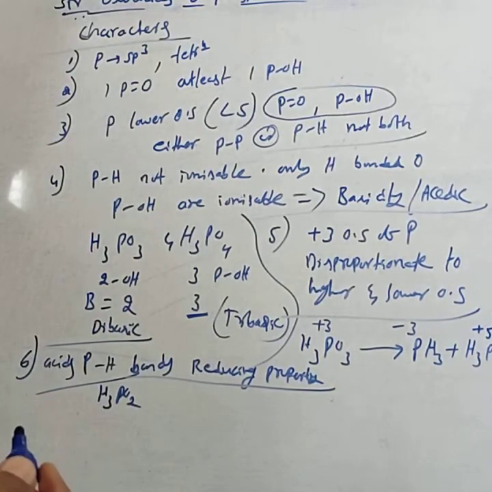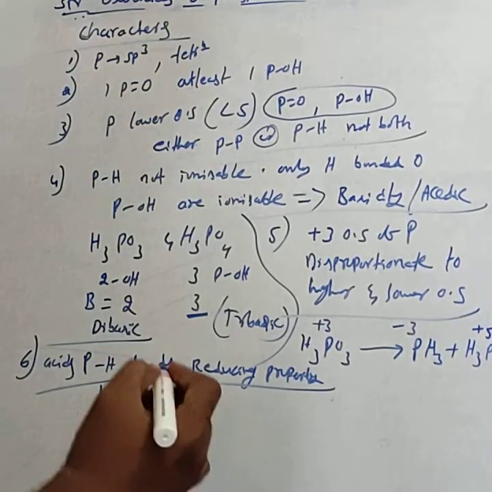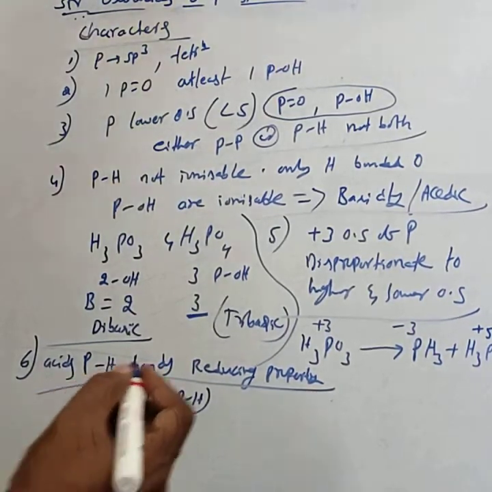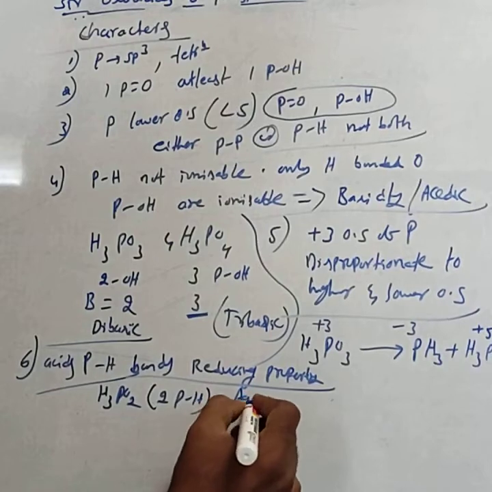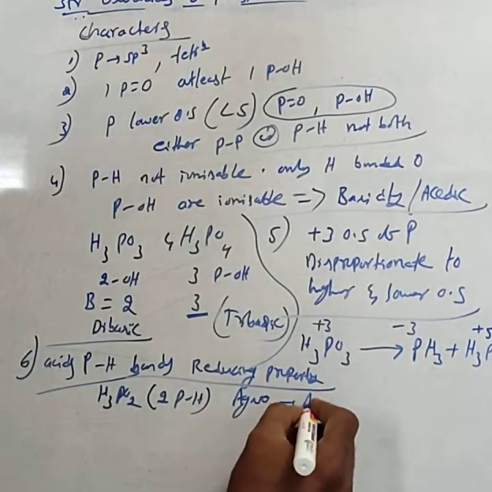Hypophosphorous acid contains two PH bonds, and it reduces silver nitrate to silver.